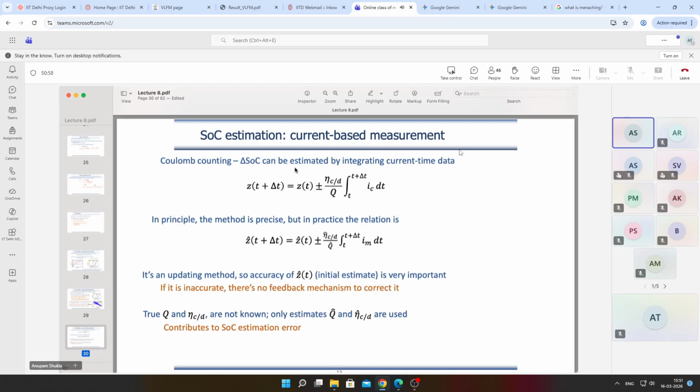And from there, I can calculate the amount of charge that has changed in the cell, and that change in the charge will be the current that is flowing multiplied by dt and integrated over t to t plus delta t, and divided by Q.